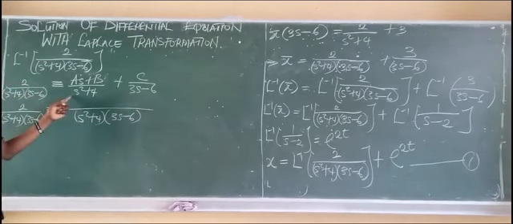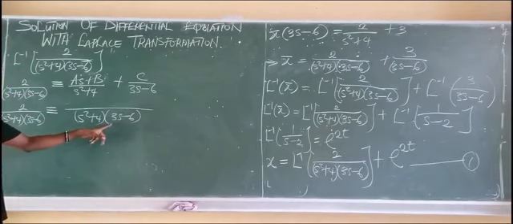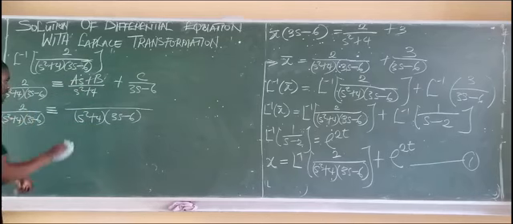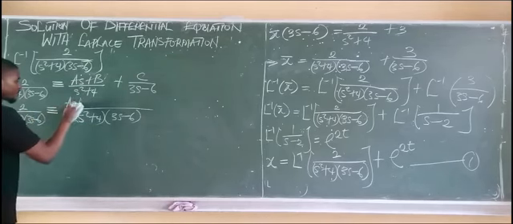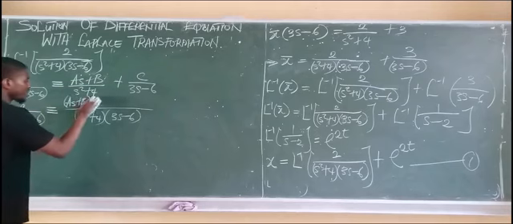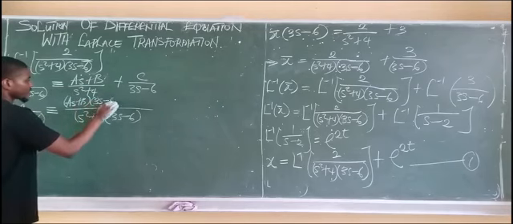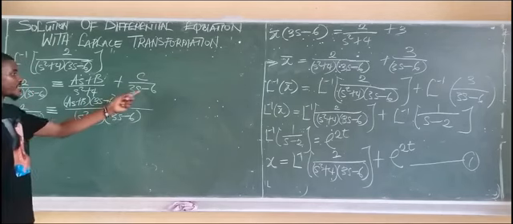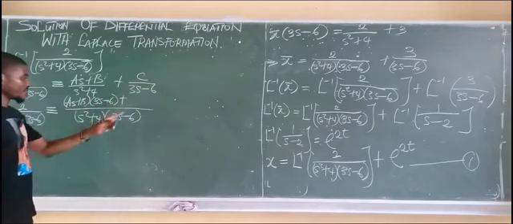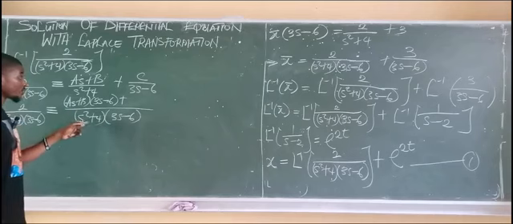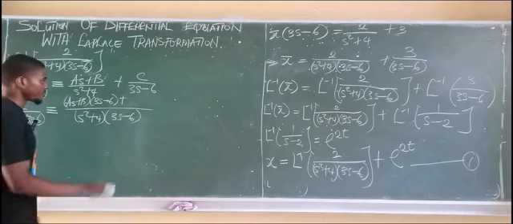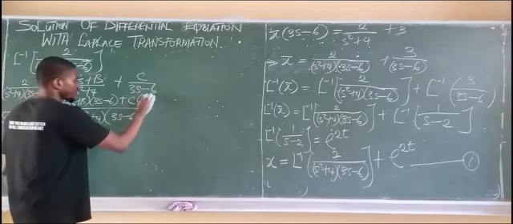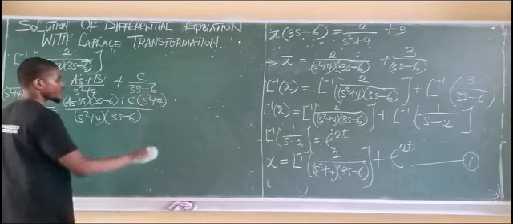Now the LCM divides by s squared plus 4. s squared plus 4 cancels s squared plus 4. I'm left with 3s minus 6. So 3s minus 6 multiplies As plus B. I'm going to have (As plus B) multiplying (3s minus 6), plus same thing. This LCM divides 3s minus 6. 3s minus 6 cancels 3s minus 6 and I'm left with s squared plus 4. This value multiplies C and becomes C times (s squared plus 4). So I have this.